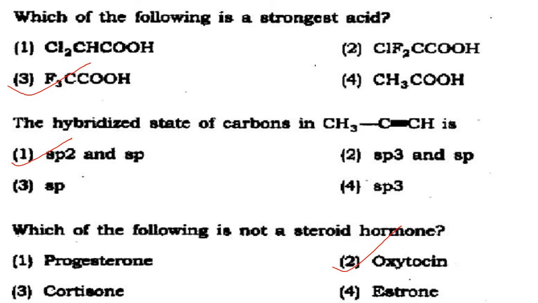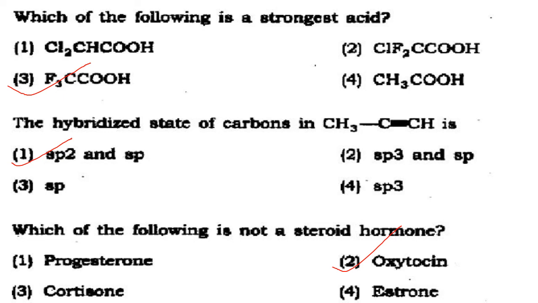Which of the following is strongest acid? Cl2CHCOOH, ClF2CCOOH, F3CCOOH, CH3COOH. Answer is F3CCOOH. The hybridized state of carbons in CH3C≡CH is option 1 sp2 sp, 2 sp3 sp, 3 sp, 4 sp3. Answer is option 1.